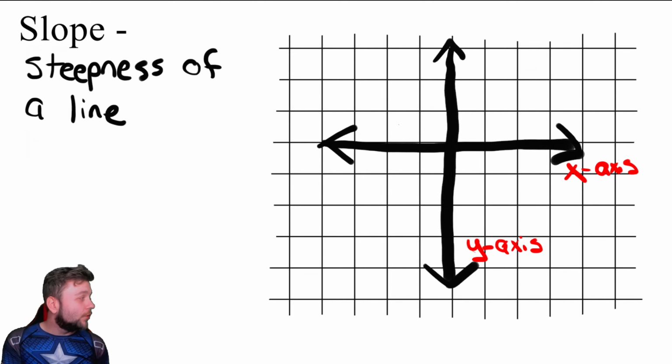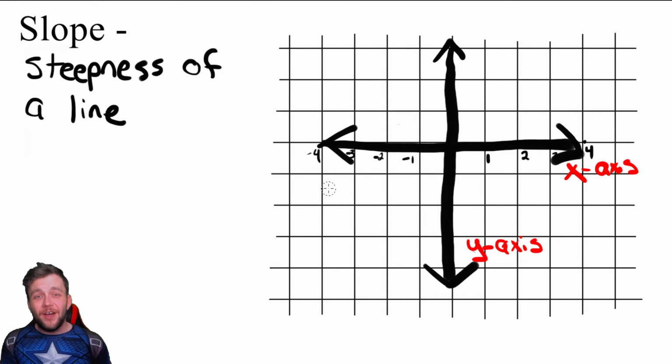And so if we were to label this grid, we would have 1, 2, 3, and this right here would be point 4. And then to the left would be -1, -2, -3, and -4.